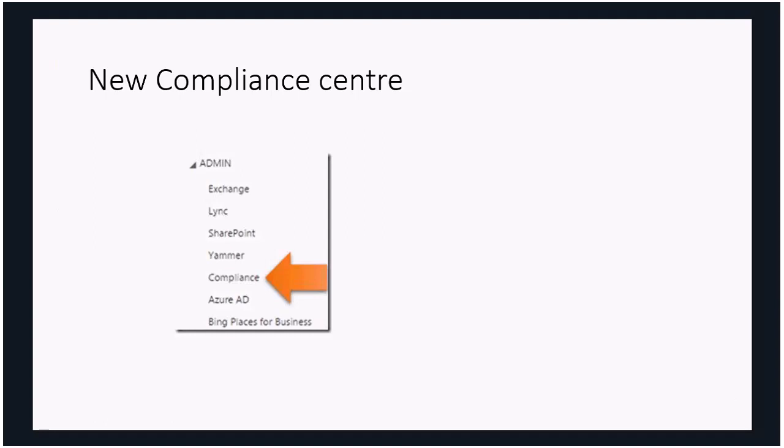So how do we get to the Compliance Center? If you log into your Office 365 admin portal, in the bottom left-hand corner you will see an option called Compliance under the admin, near the Exchange admin, SharePoint and whatnot, and that will then take you to the new Compliance Center. There you can see archiving, device management, e-discovery, retention and permissions.